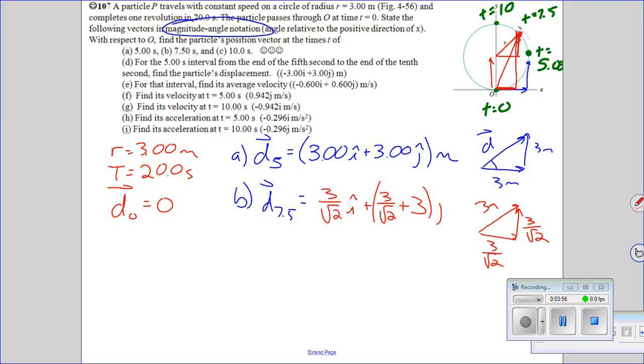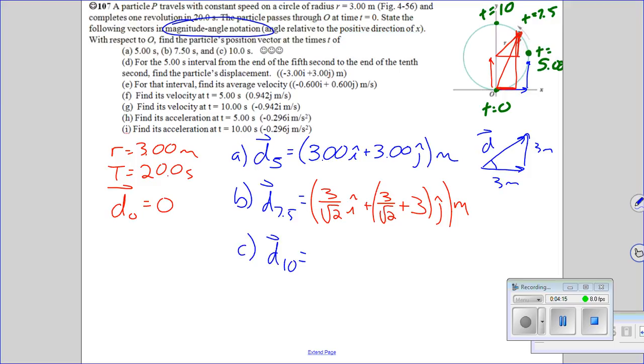So j, and this is all in meters. Obviously, you can use your calculator and convert this to decimal notation, which would be more acceptable in physics speak.